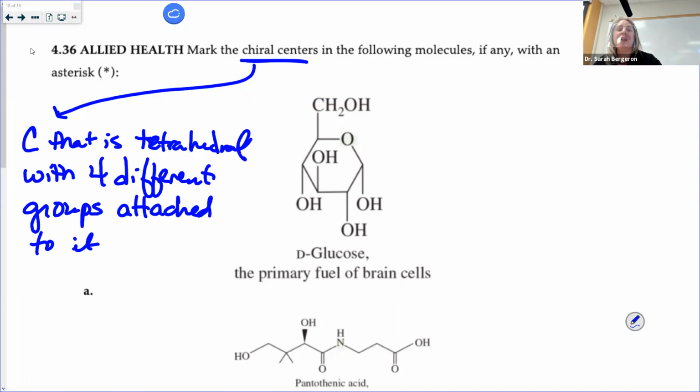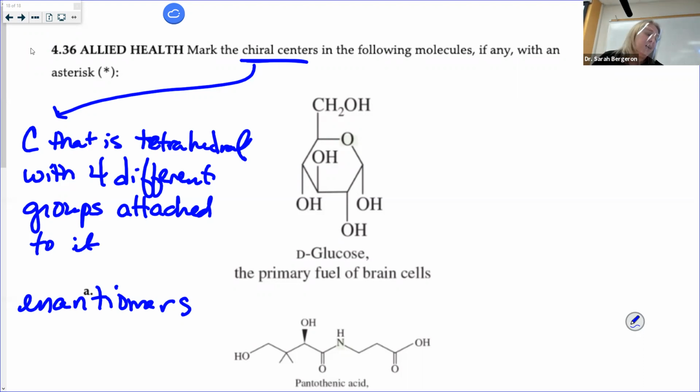And so we call molecules that have chirality a particular kind of isomer. They're a type of stereoisomer, and they're an enantiomer. E-N-A-N-T-I-O-M-E-R, enantiomers. So if you have two molecules that have the same connectivity and they're mirror images of one another, but they're non-superimposable, they are enantiomers.